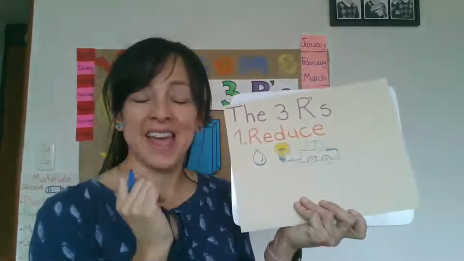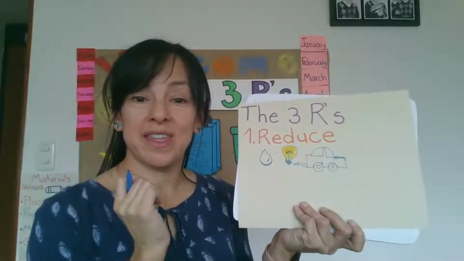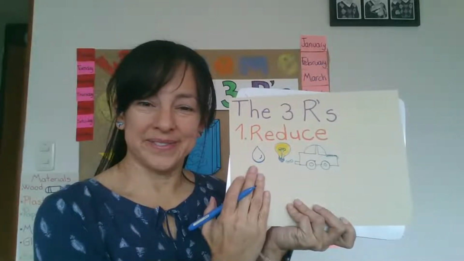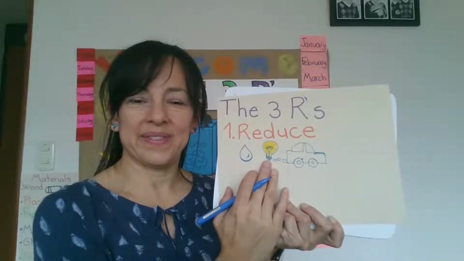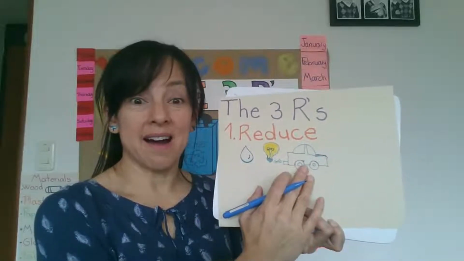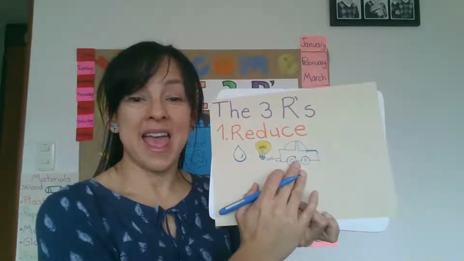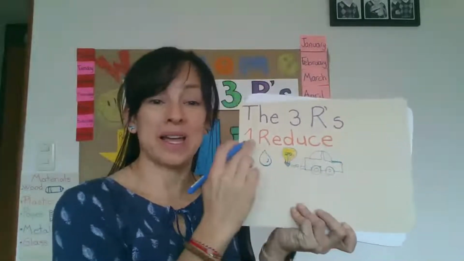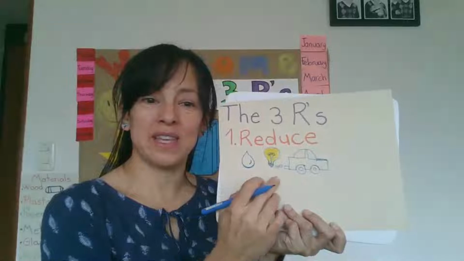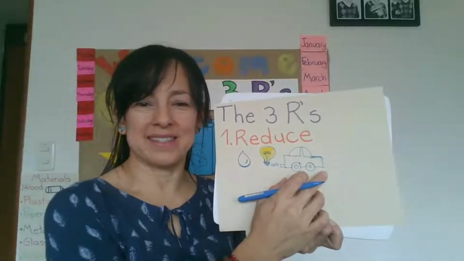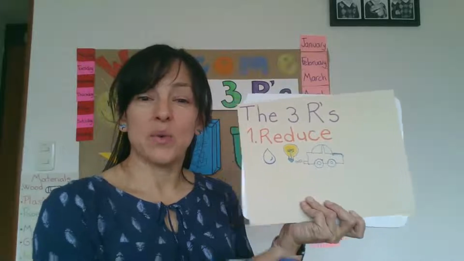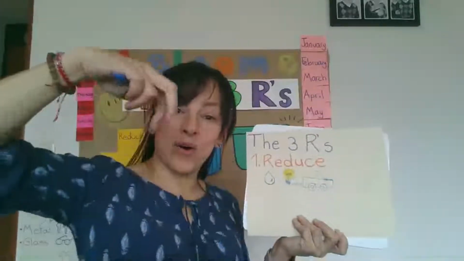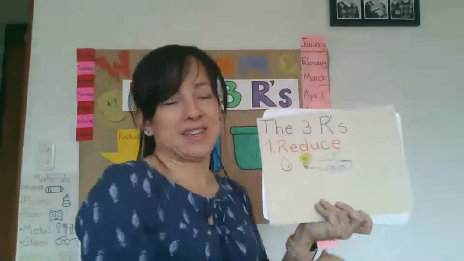So we are going to reduce the use of water, electricity, and cars. We can help our planet by reducing the use of these three elements. We can replace the car with the bicycle or by walking, right?